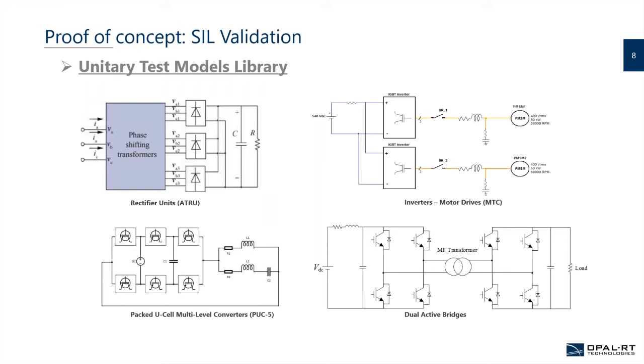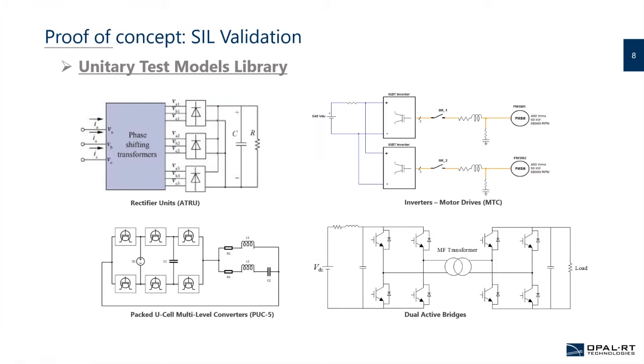We started first by validating the different power electronic circuits that we can find in the more electric aircraft power system, where we can find a family of rectifier units, such as the one shown here. We can find a family of motor drives, and we can also find a family of power converters for power supplies and battery power conversion.